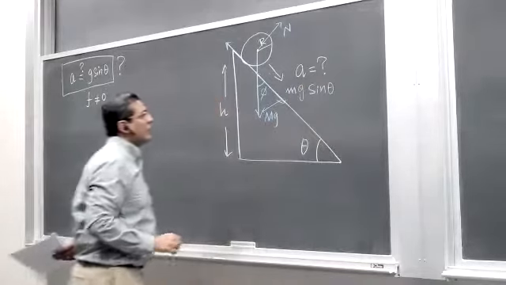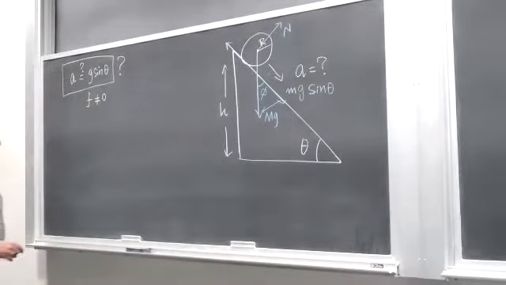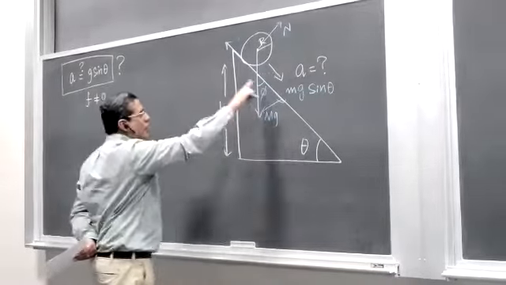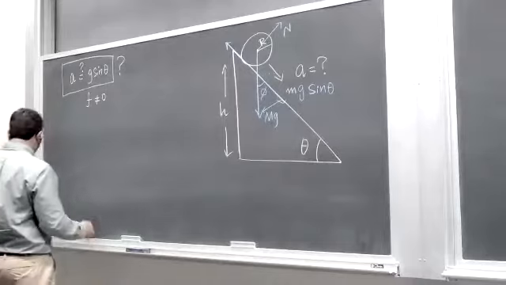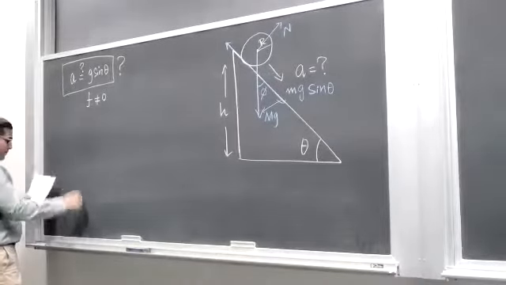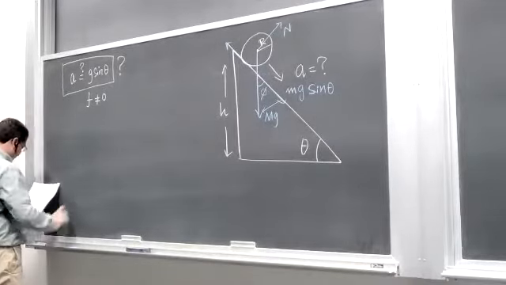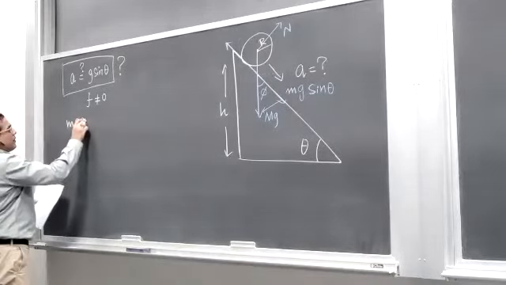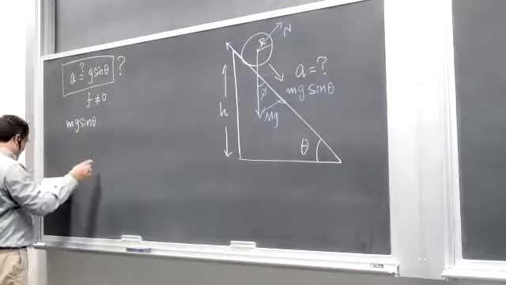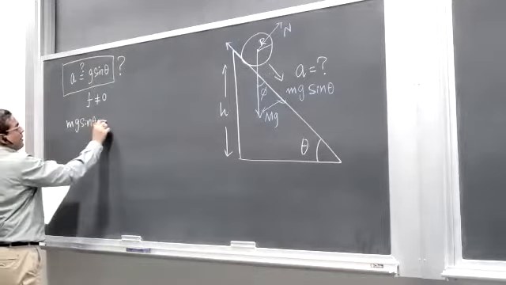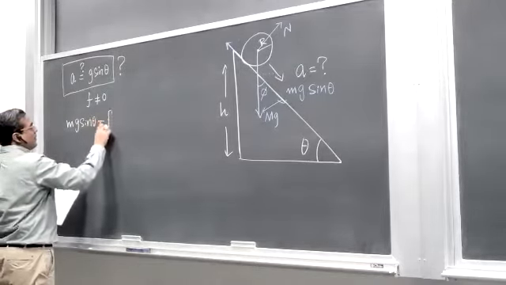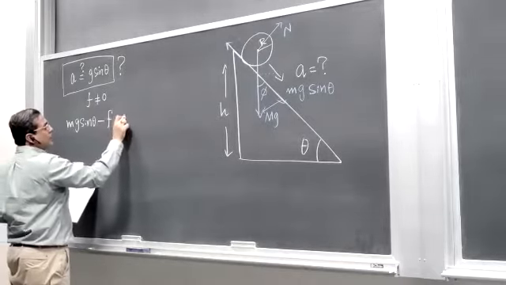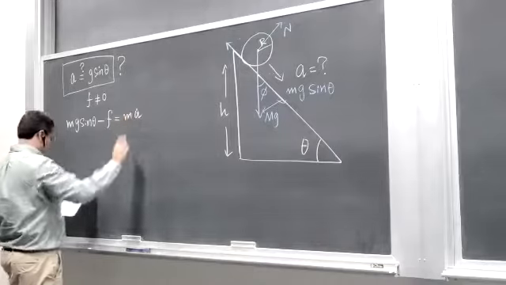All right. So let's say first we write the equation along this direction. We have mg sin theta minus f, the force of friction in the opposite direction, would be equal to ma.